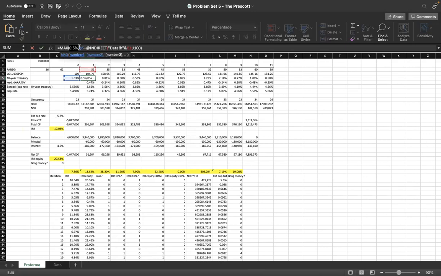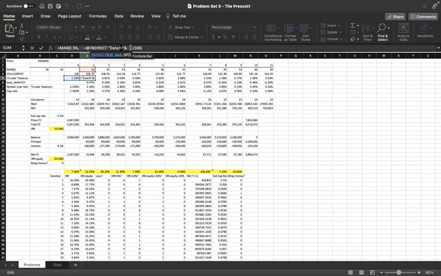So still, this whole thing is the previous period 10-year treasury rate plus the change. The change comes from column H in the data sheet. And here I want to get the row 32.